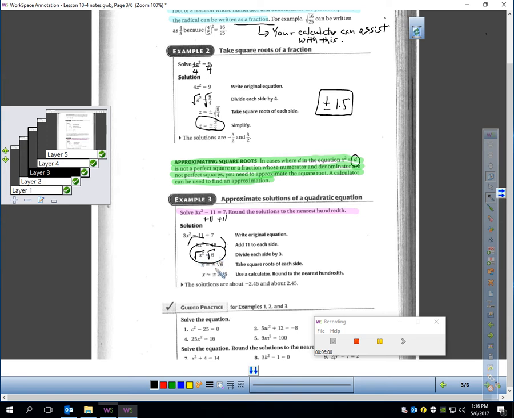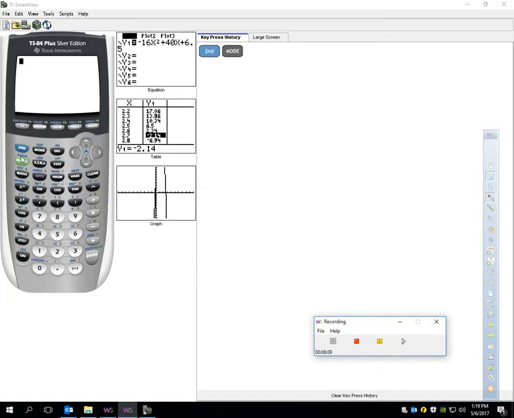So if I take the square root of 6, I'm going to get positive or negative. Now, if you put it in your calculator, I am taking the square root of 6, and I'm getting that. Well, you can see in the book they asked me to round this to the hundredth. So let's look at that real quick.